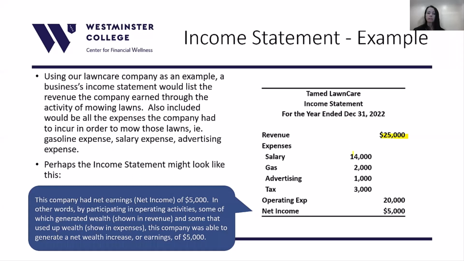The activities they've had to participate in that used up some of their wealth are salary, since they had to pay people, some gas, some advertising, and taxes. Those equal 20. So this little company's net income for the year is $5,000. Again, this is a simple case of revenues and gains minus expenses and losses equal our net income.